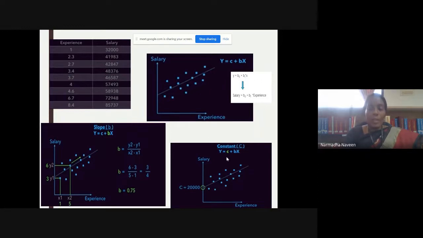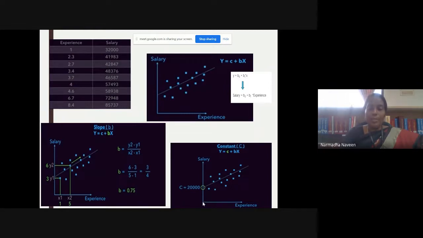And how do we calculate the value of c? c is a constant. When will we get the value of c? When the term b into x becomes 0, we'll be able to know the value for c. This term becomes 0 only when x, the input years of experience, is 0, that is at the origin.